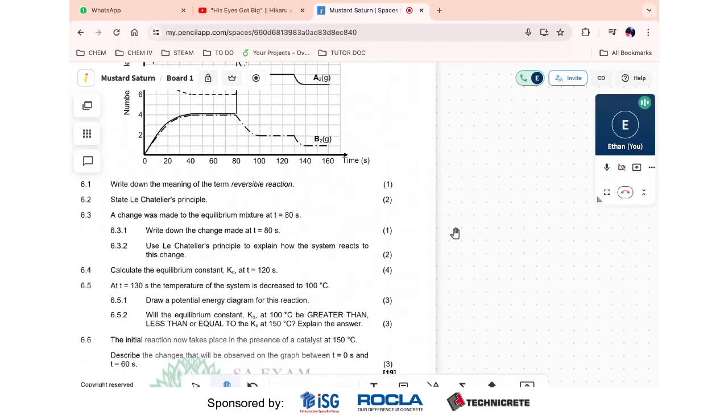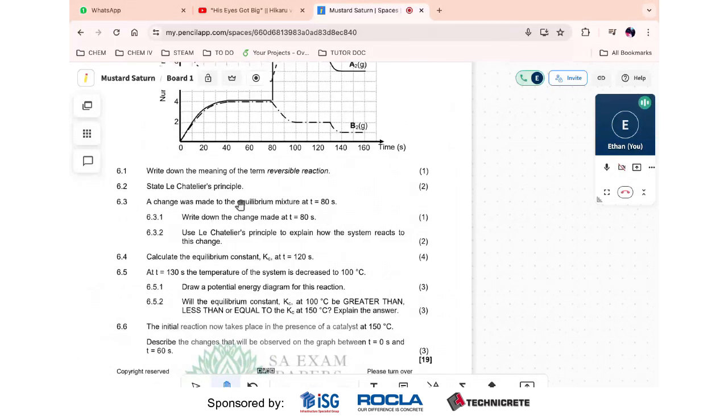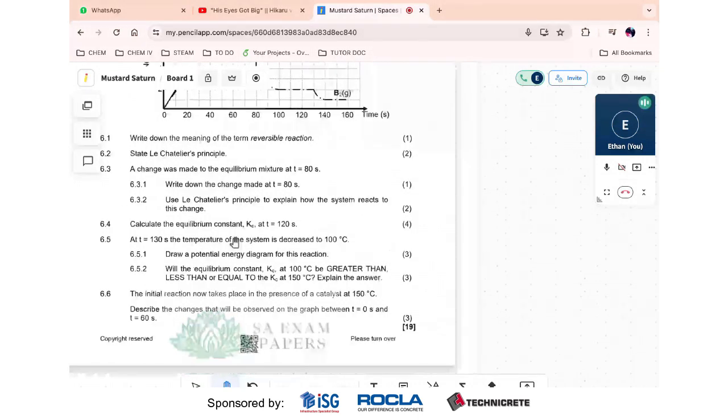Basically, something is in equilibrium, there's a change. Le Chatelier's principle says that the system will oppose that change by changing something, maybe the direction of the reaction or anything like that, in order to reach a new equilibrium. However you phrase it, you just have to capture the essence of what the principle is about.